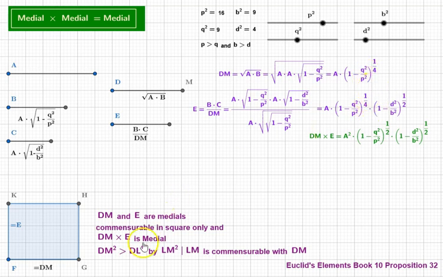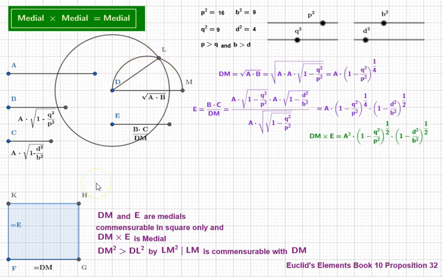Okay, great. Now let's look at the last one. DM square is greater than DL square by LM square, where LM is commensurable with DM. So we have already seen how to do this previously. So what we do is we draw a semicircle and we draw a circle with center at D and radius as E. So we take the intersection and we join DL and we join LM.